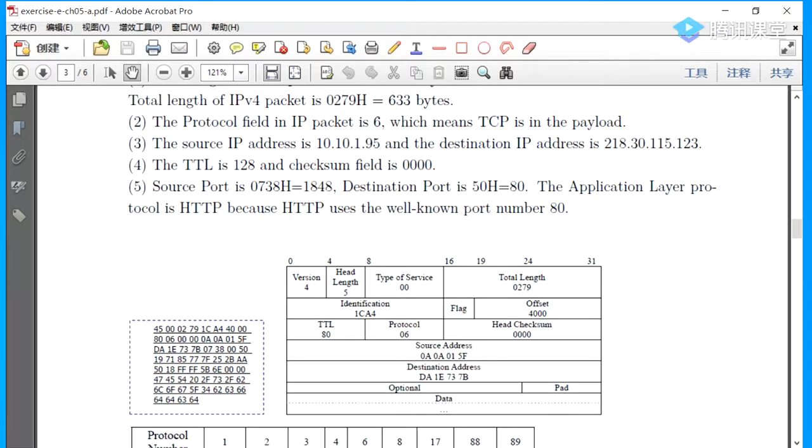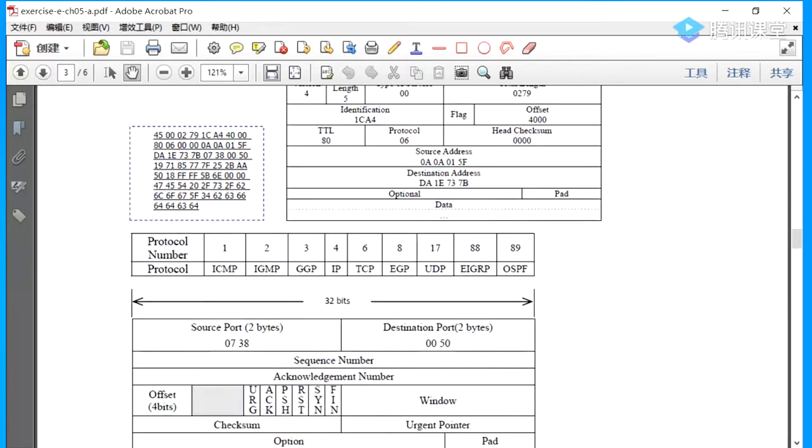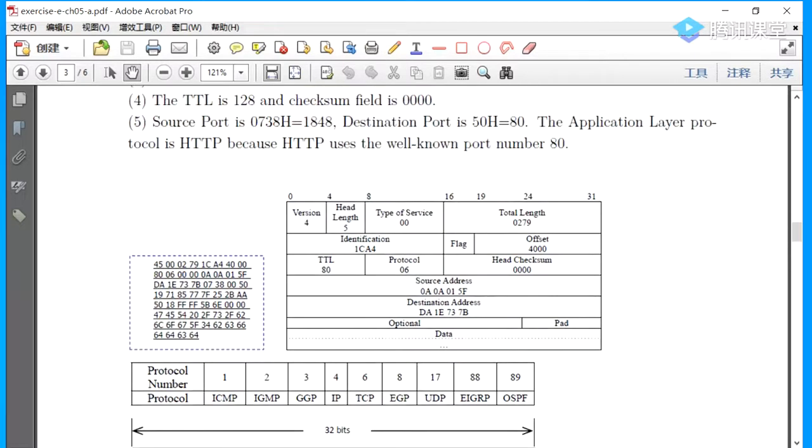The source port: since the protocol number is 6, 6 means TCP, so the data encapsulates TCP. But whether or not there is an optional field, we should determine from the value of the header length. Here 5 means the length of the header is 20 bytes.